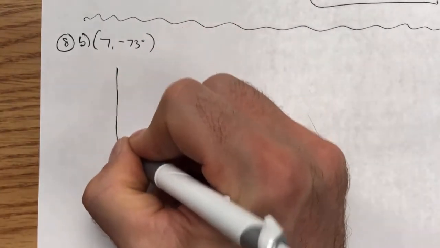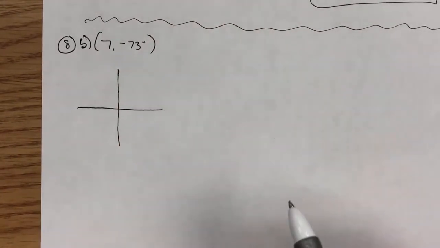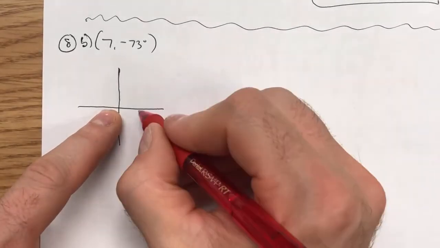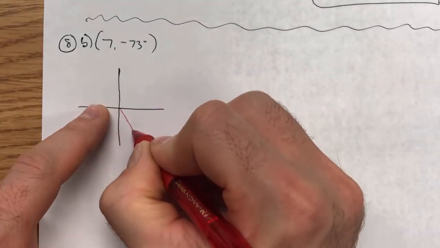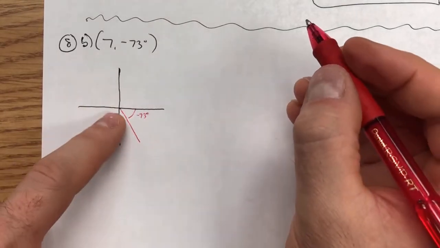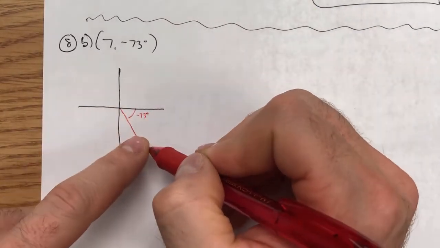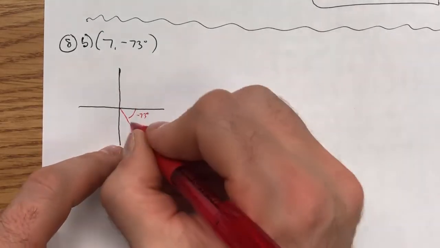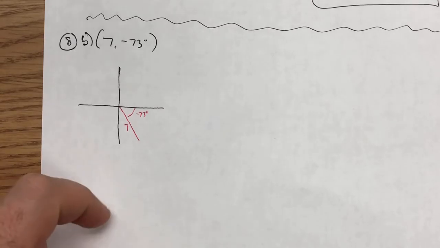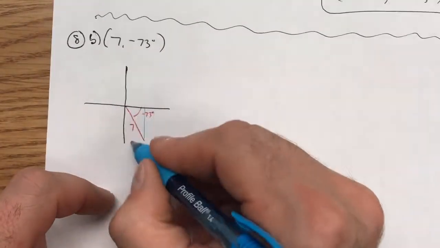Let's set up our coordinate system right here. I am dealing with negative 73 degrees, which means I'm going somewhere in this direction. And I'm going along that line, because I'm going in a positive direction, a length of 7. Which means the triangle that I'm going to create right here looks like this.